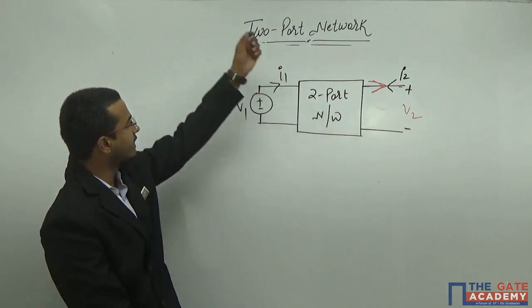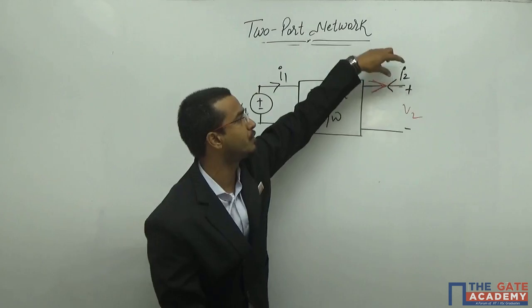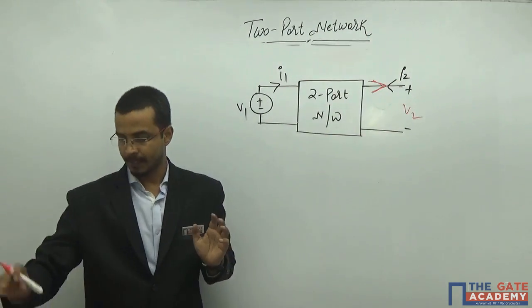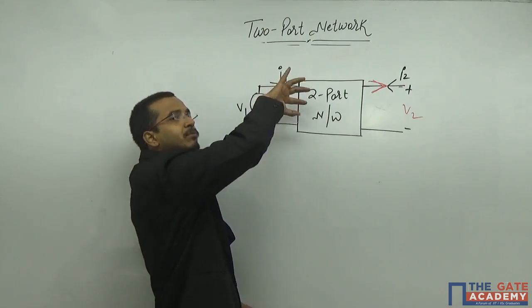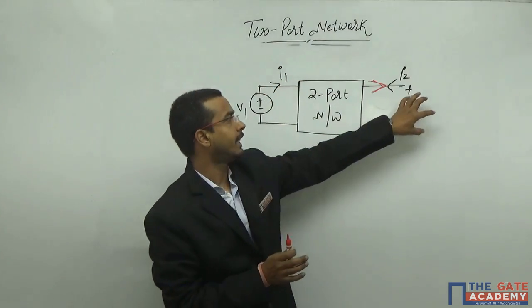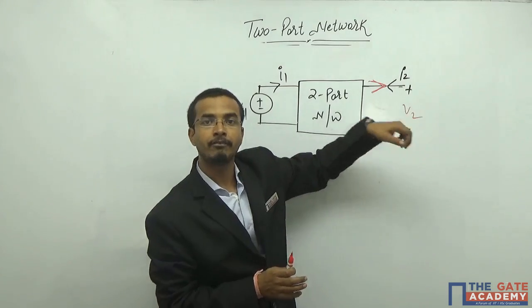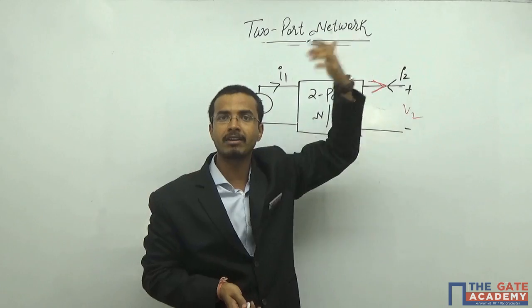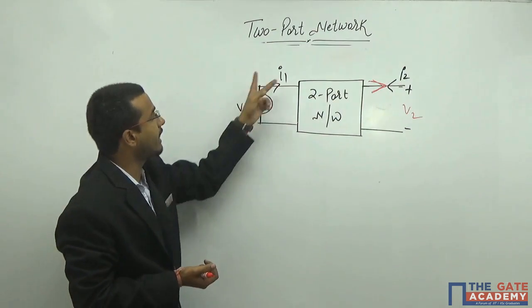I will try to manage this V1 and I1 as a function of V2 and I2, irrespective of the previous parameters. Okay, that means I will send something from here, and I will receive at the second terminal, and with the help of these two parameters on the receiving end, I will try to manage my V1 and I1.